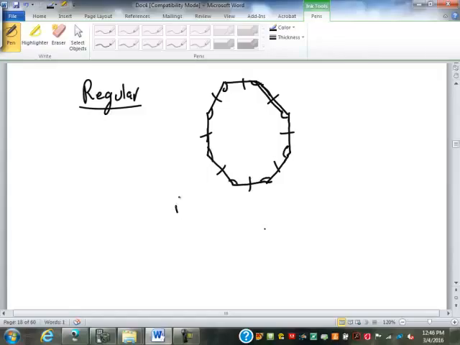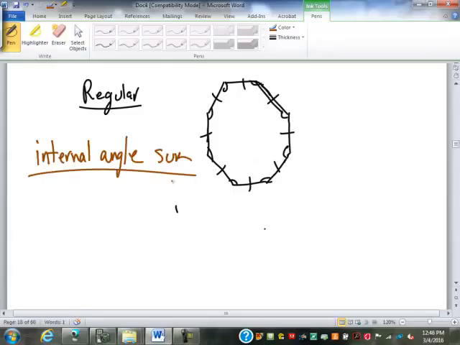So one of the things we need to figure out is, what are all those angles? Well, we talked about the internal angle sum before, right? Remember this? We talked about a triangle. It was the number of sides times 180 minus 360 degrees.